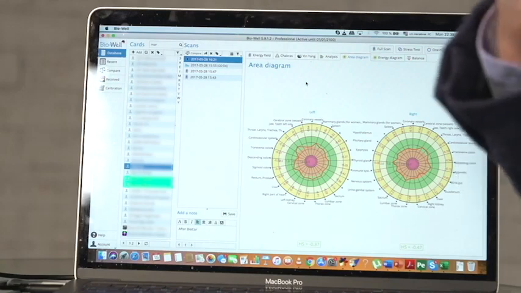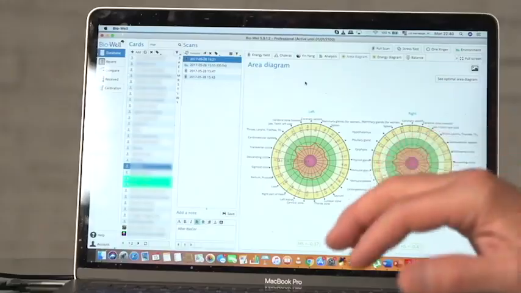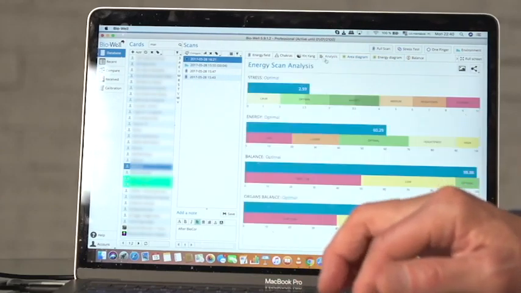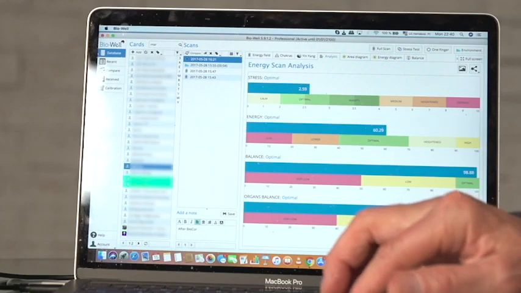If the organ is active, energetic, then there is a high signal. If the organ is weak or if the channel is blocked, then we have much lower energy. So that's what we see here. From the analysis, it was normal energy, optimal zone.